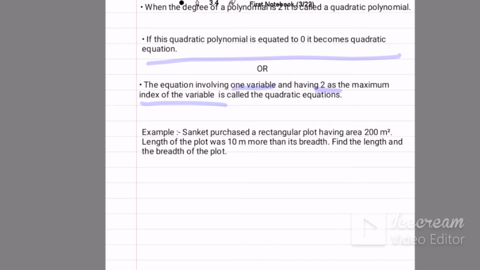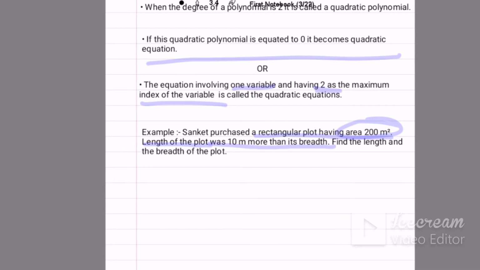Now here I have taken one example: Sanket purchased a rectangular plot having the area 200 meters square. They have given the area here, and they have given another condition, that is, the length of the plot was 10 meters more than its breadth.